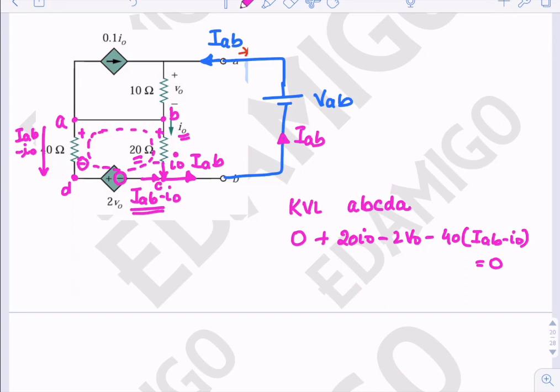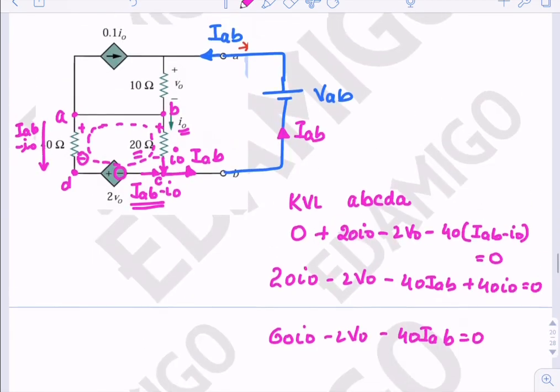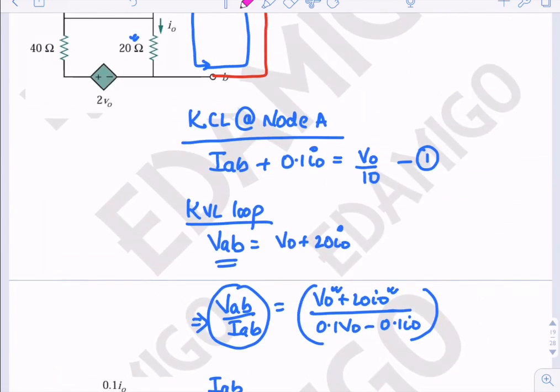So 20 I0 minus 2 V0 minus 40 IAB plus 40 I0 is equal to 0. So it is 60 I0 minus 2 V0 minus 40 IAB equal to 0. This is equation number 2. Equation number 1 can also be written as IAB is equal to 0.1 V0 minus 0.1 I0.